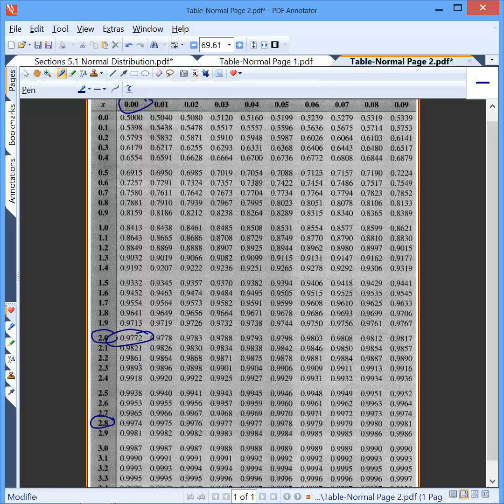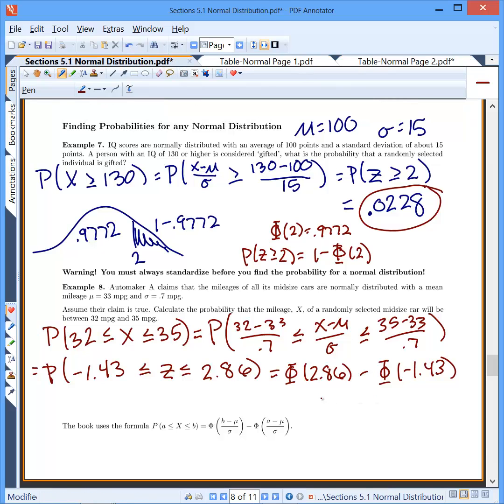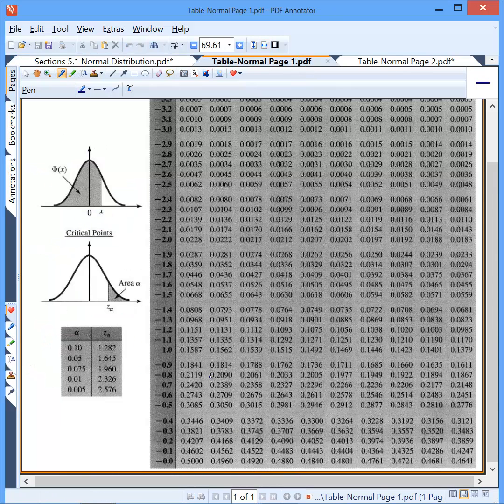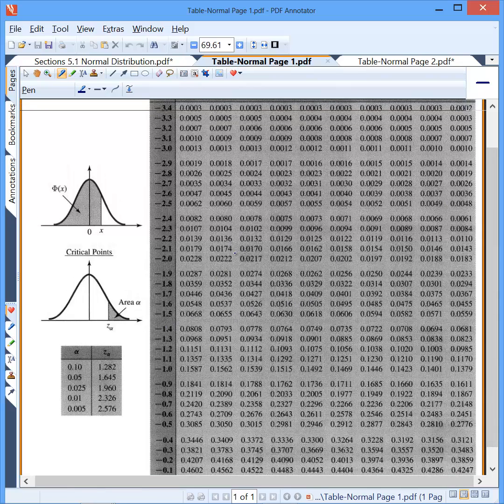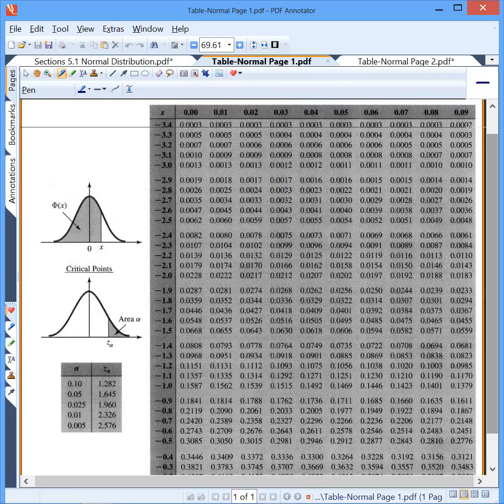So I go to 2.8 and cross the top to get my hundredths place. Puts me at 0.9979. Minus, and now if I go to find my negative 1.43, negative 1.4, go across the top until you get to your hundredths place of 3. So negative 1.43 puts me at 0.0764.